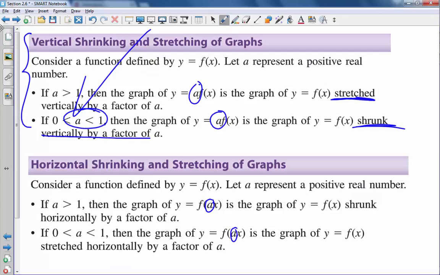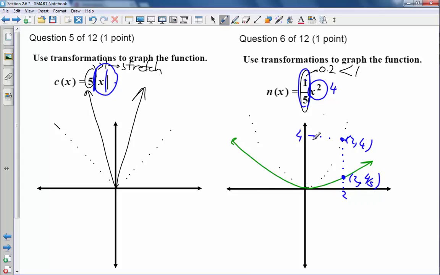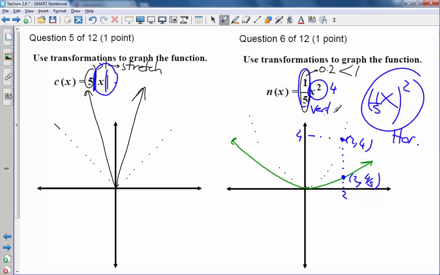Here, they are glued together. 5 is inside next to x. If I take this 1/5 and put it under the square next to x, this is horizontal. This is vertical stretch or shrink. When I put 1/5 inside with x, it's horizontal. Got it?